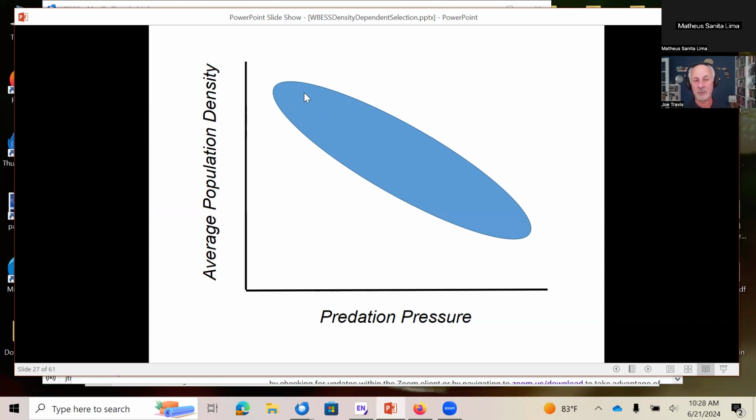And so we can ask the question, which is it? Is this an example of density dependent selection theory, where at the bottom they are not in a limiting situation, because, by the way, these predators eat all kinds of things, not just guppies, and at the top they're in a limiting environment?